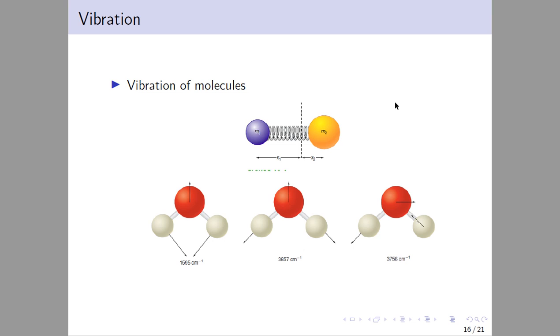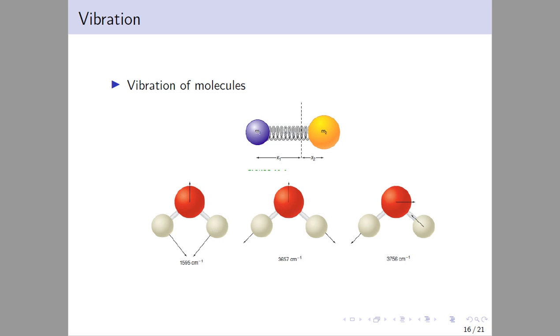Vibration of molecule. You can see M1, M2, so it will vibrate. This one also can vibrate. These are vibrations in this direction. These are stretching, and these are compression, and this one is strain.